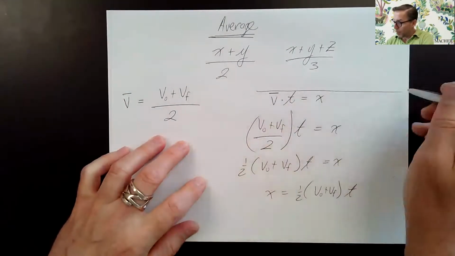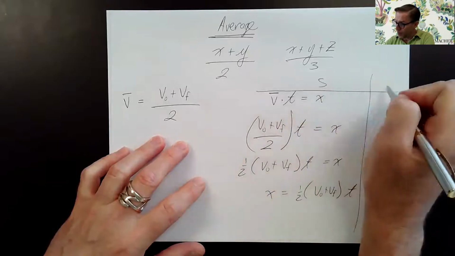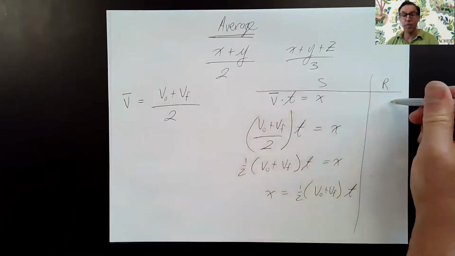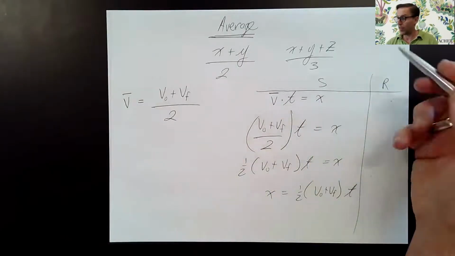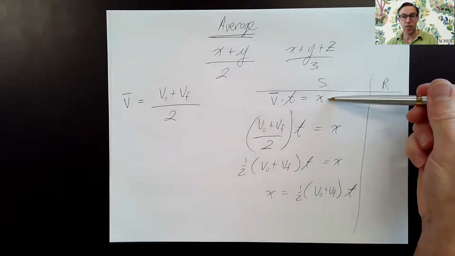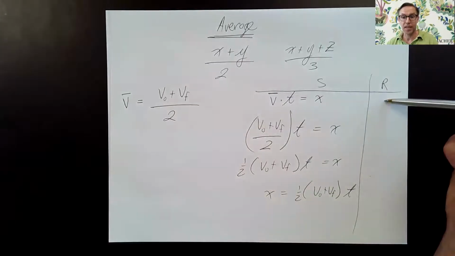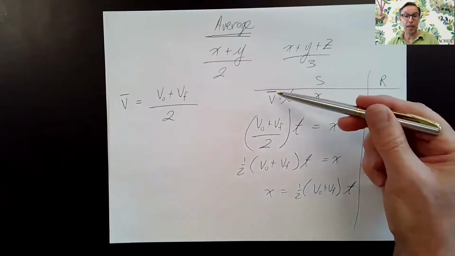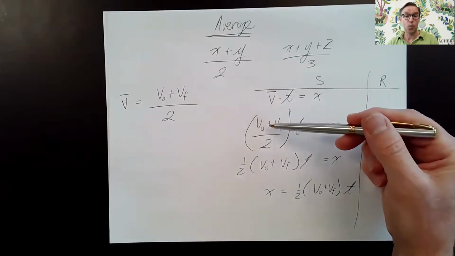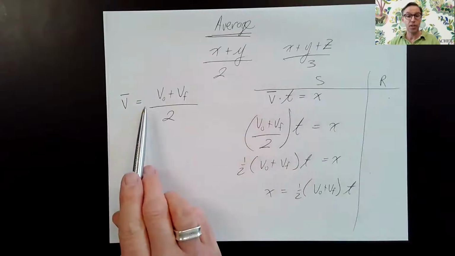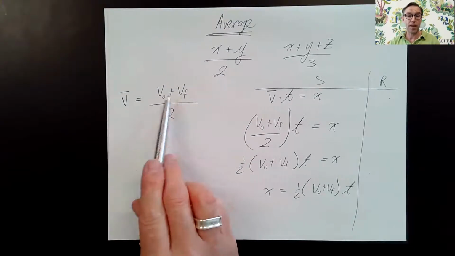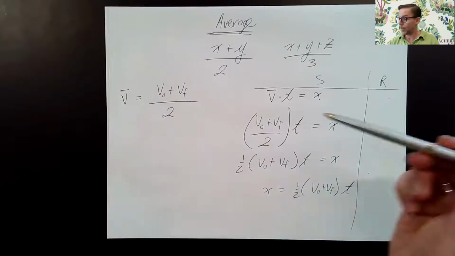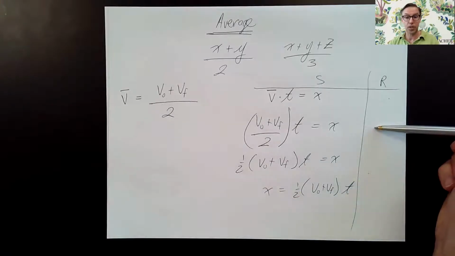If I wanted to make this a 2-column proof with statements and reasons, this reason would be given. We learned this equation in junior high, rate times time equals distance. This reason would be substitution. I replaced the average with the sum of the initial and the final values divided by 2. So that's a substitution.